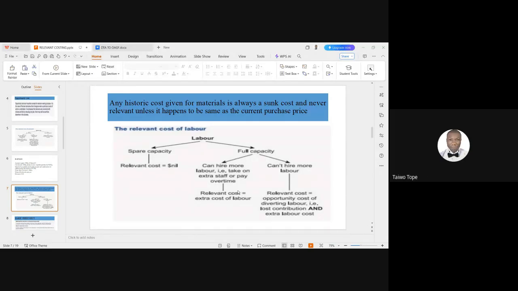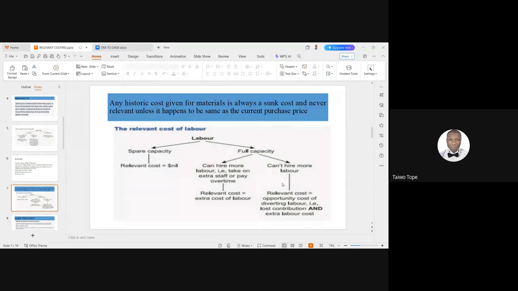No, no. The opportunity cost is this. You are supposed to work in department A, and when you work in department A, your effort will result in a contribution or a profit of 20 naira. But we are planning to move you from department A to department B. If we move you, we'll lose a contribution in department A to the tune of 20 naira.